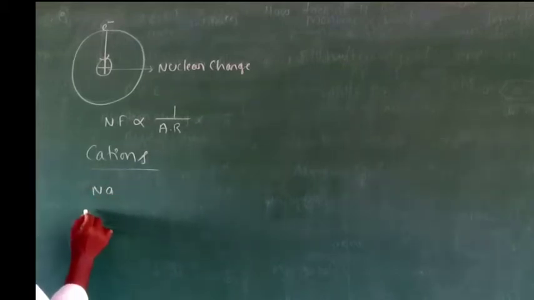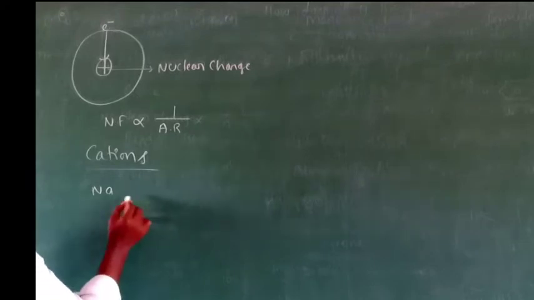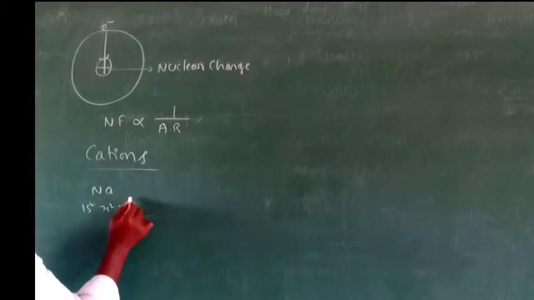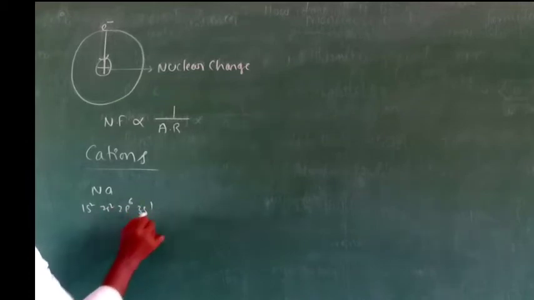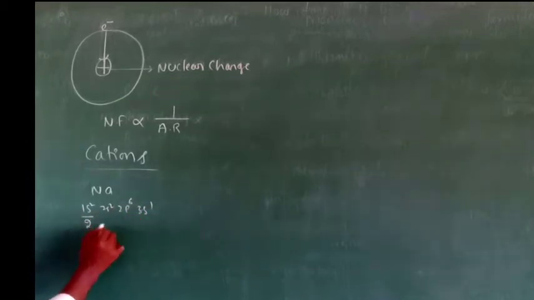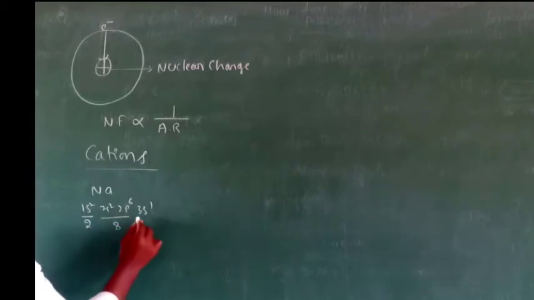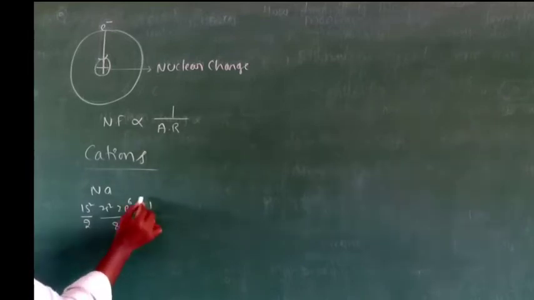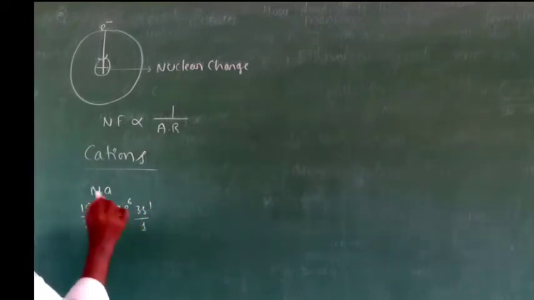Sodium, whose atomic number is 11. It has 1s2, 2s2, 2p6, 3s1 configuration: 2 electrons in the first shell, 8 electrons in the second shell, and only 1 electron in the last shell or outermost shell. To get the octet configuration, to get 8 electrons in its valence shell, it has to lose this outermost electron.